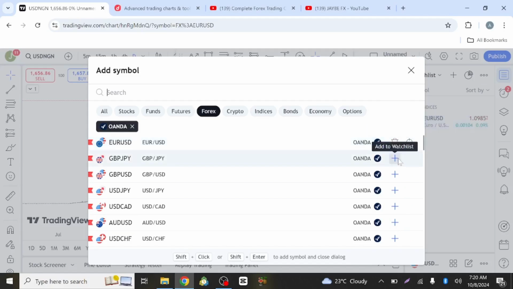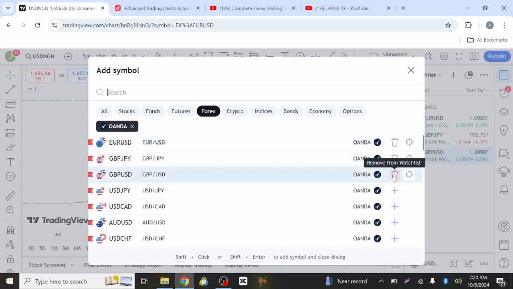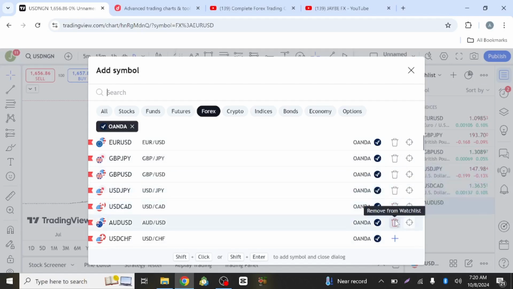It's a good one. GBP JPY is a good one. GBP USD is a good one. All the pairs with JPY are sometimes good. You can trade USD JPY, USD CAD, AUD USD, USD CHF.